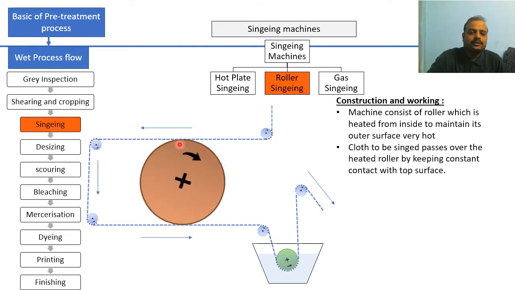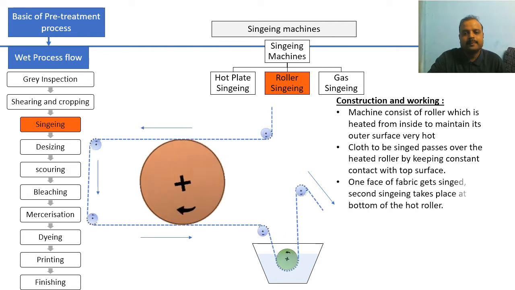Over here the fabric is singed at the top surface of this roller. One face of the fabric gets singed. The second singeing takes place at the bottom of the hot roller.